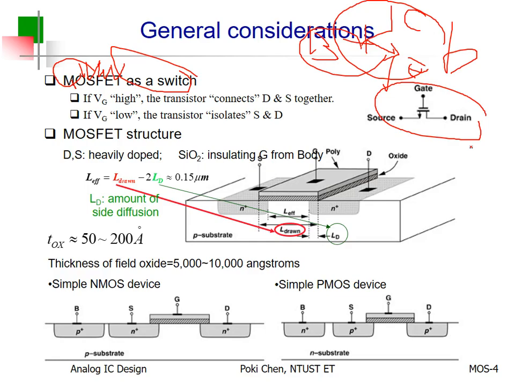But how to turn it on, how to turn it off? You need to apply the proper voltage to the gate. Okay? So, for NMOS, if you apply high, then it will be on. If you apply low to the gate, then it will be off. That is the simplest idea, but far less than enough.